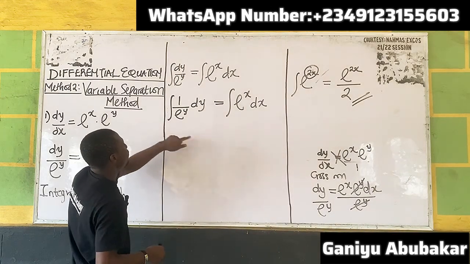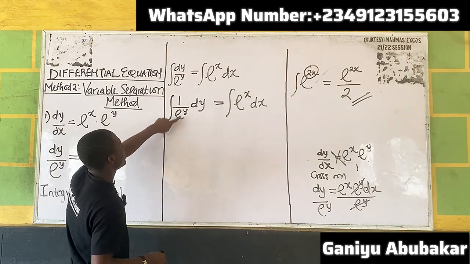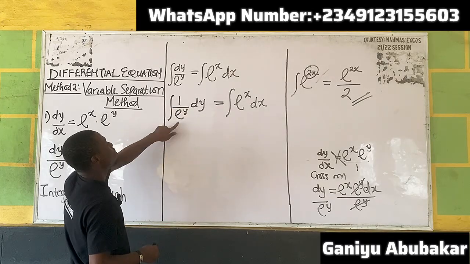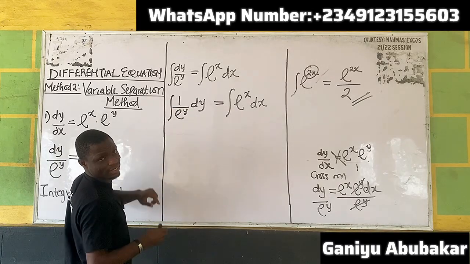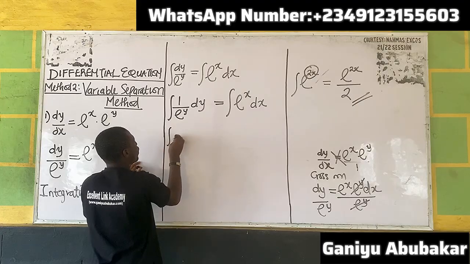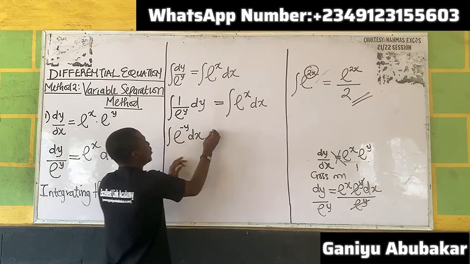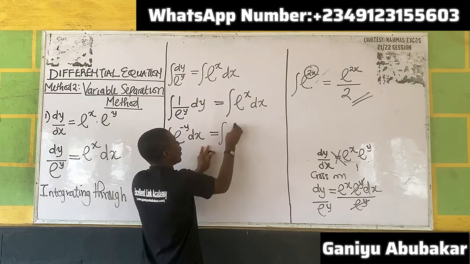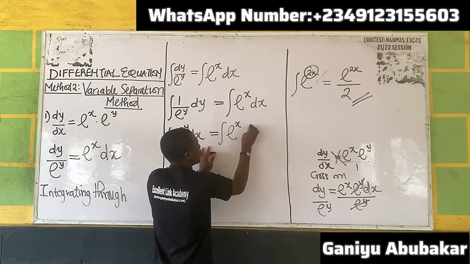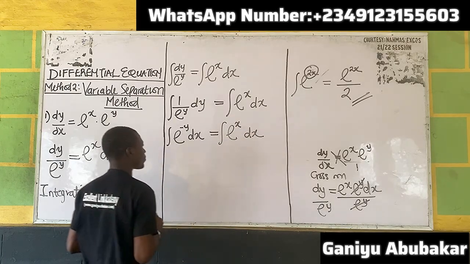If I integrate this one here, what do you think you have here? First, I'll take this one back to indices. That gives you the integral of exponential minus y dy is equal to the integral of exponential x, of course, dx.